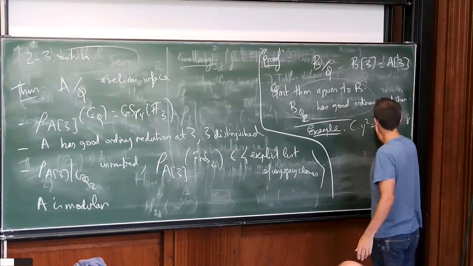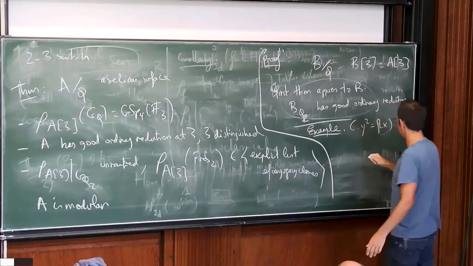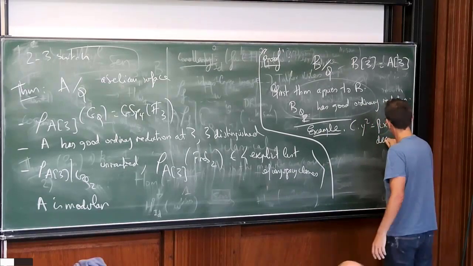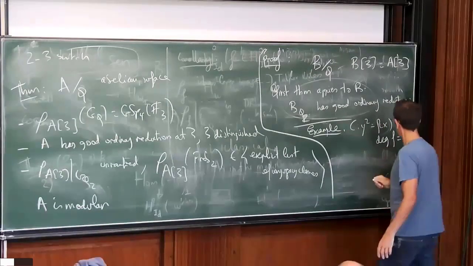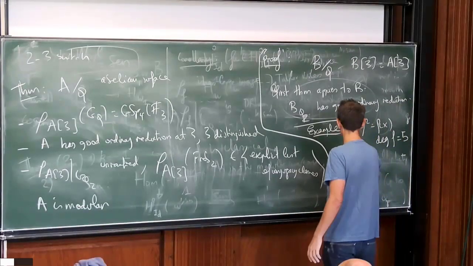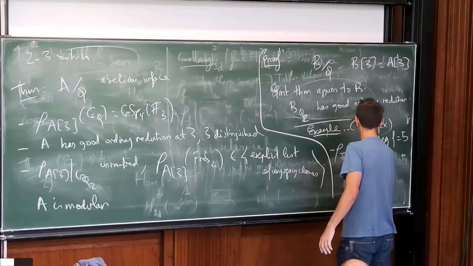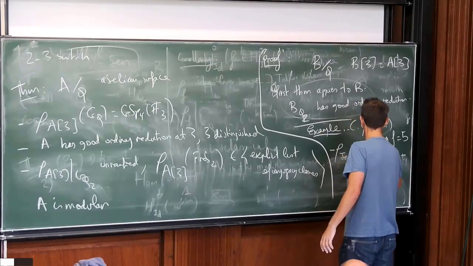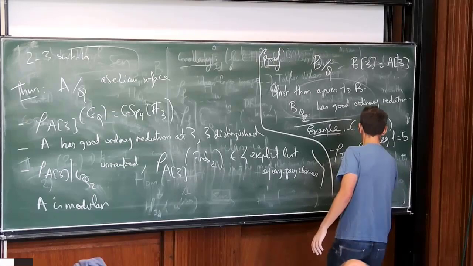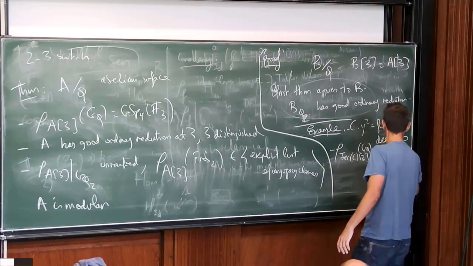So if you take C, which has equation y squared is f of x, where the degree of f is equal to 5, and you assume that rho of the Jacobian of C at 3 is GSp4 of F3.